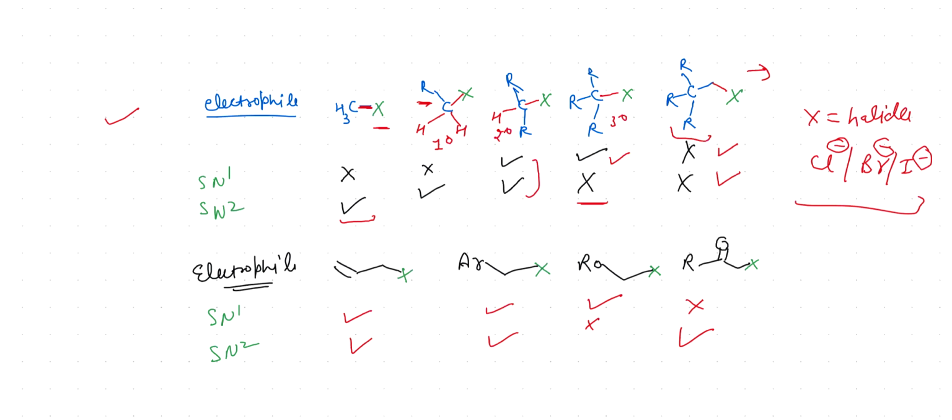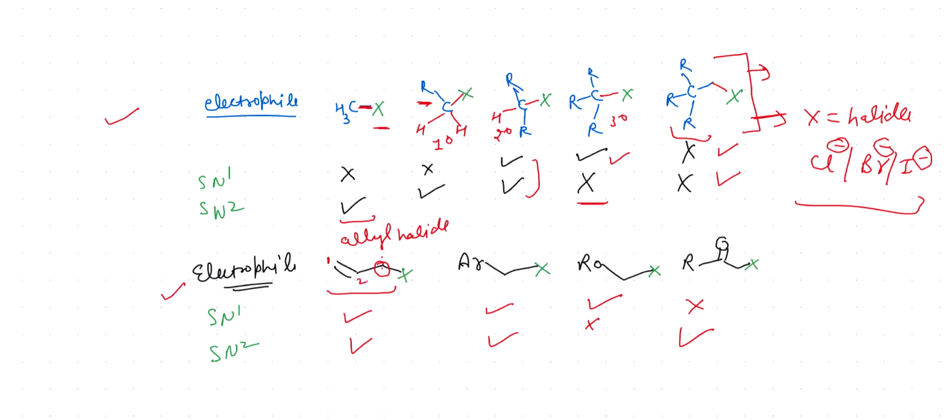I will discuss why this is not stable later, but let's move to another substrate. Here, this is an allyl halide. This is our allylic carbon. When a saturated carbon is attached to a double bond in this manner, count the numbering 1, 2, 3.